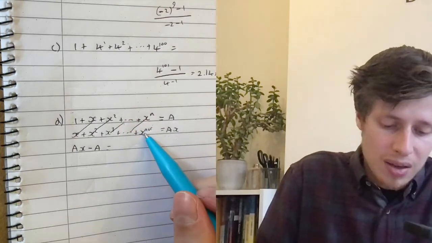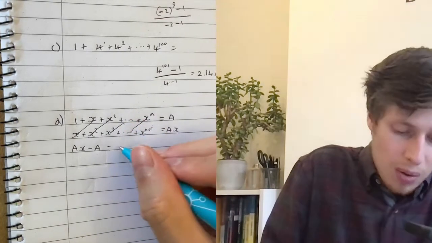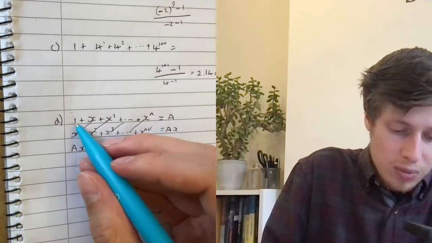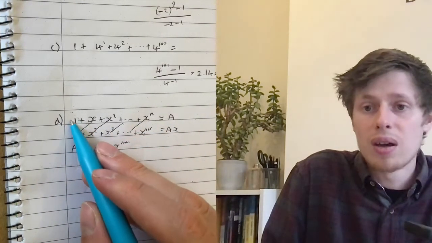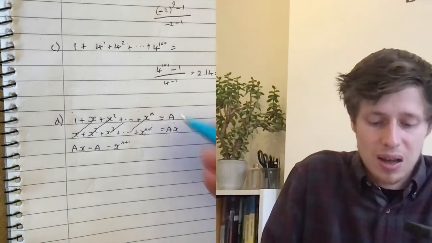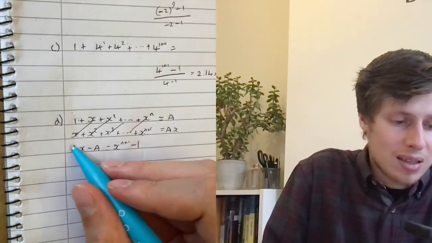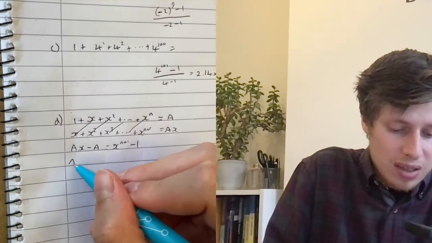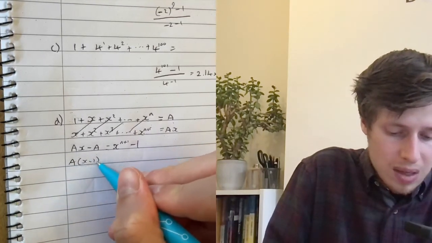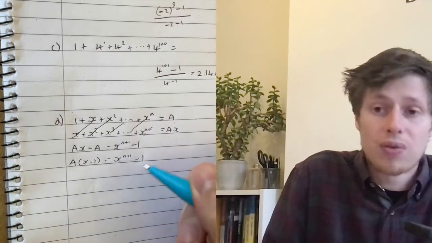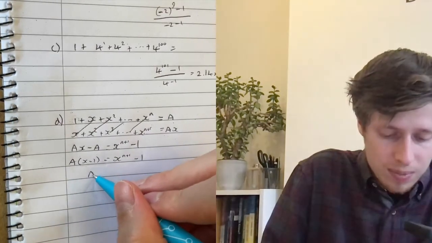Okay, so I'm ending up with x to the power of n plus 1, take away this. This is the only surviving expression from a that doesn't get cancelled, minus 1. But what I have here is ax minus a. I can factorize an a, and that's going to give me this. And then I'm just going to divide by x minus 1.